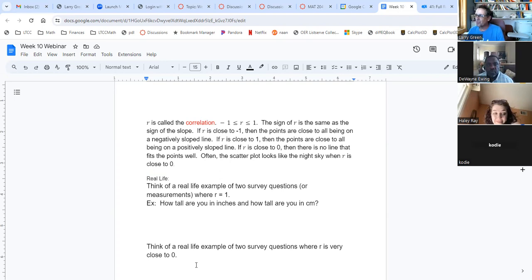There's lots of examples. Any ideas? You can pop in the chat box. So think of an example where R will be very close to 0.